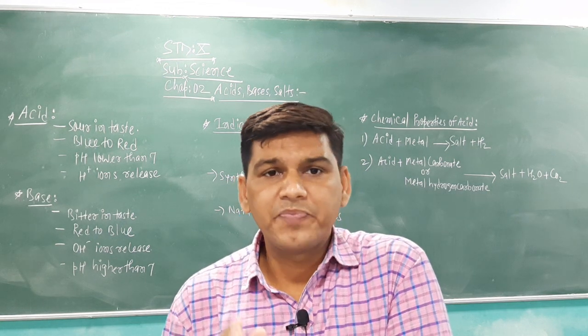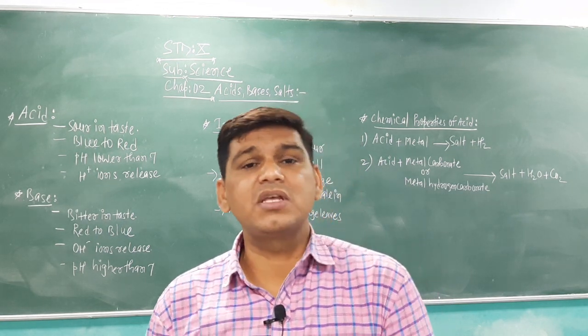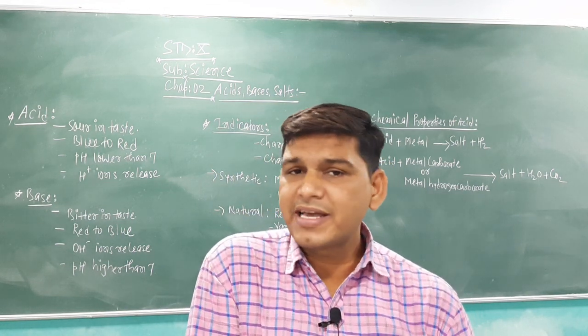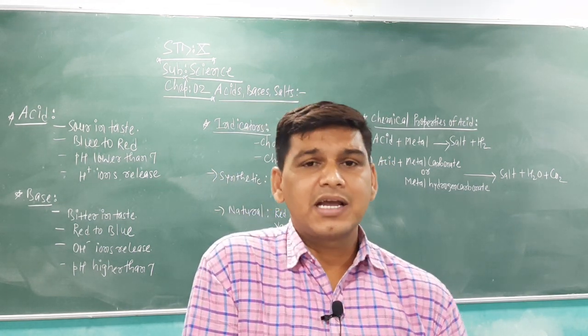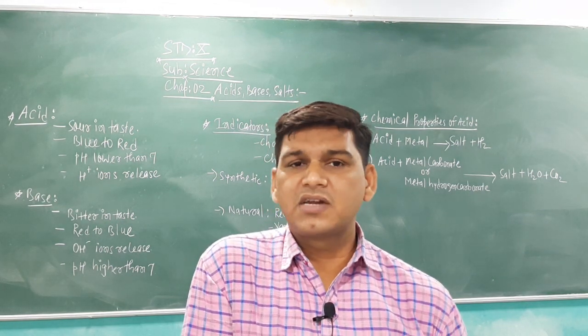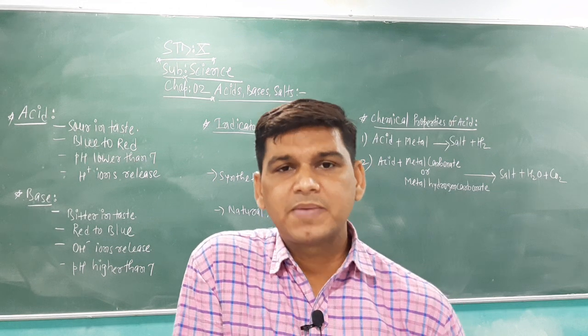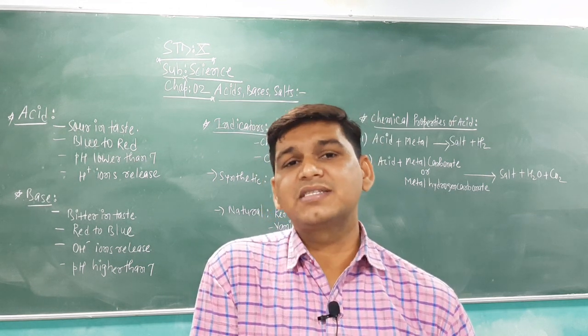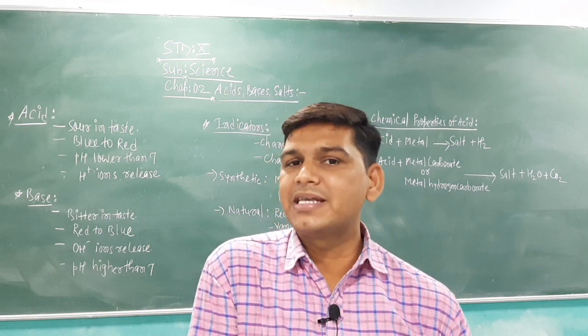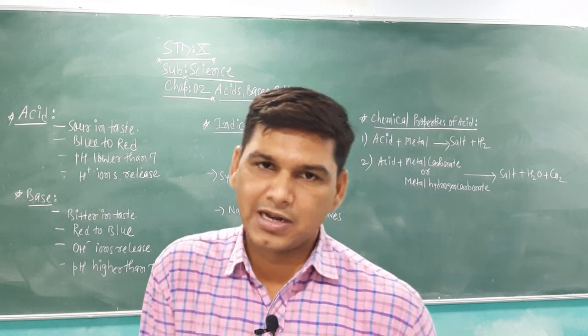If the pH value is less than 7, it is always an acidic solution. So these are the general characteristics of acid: कि acid क्या होते हैं, टेस्ट में थोड़े से खट्टे होते हैं, sour of taste. It generally converts blue litmus paper into red litmus paper. It releases H plus ions when dissolved in water, and it has a pH value less than 7.